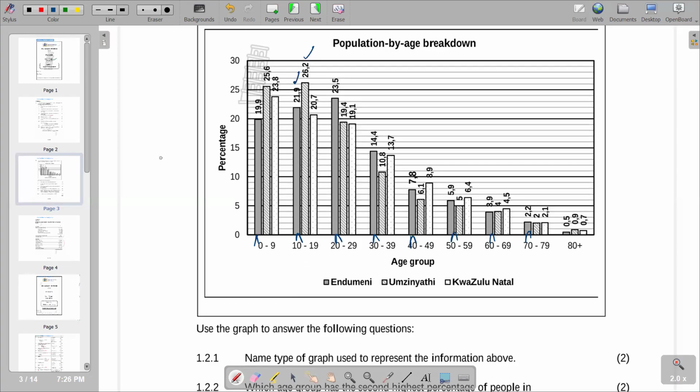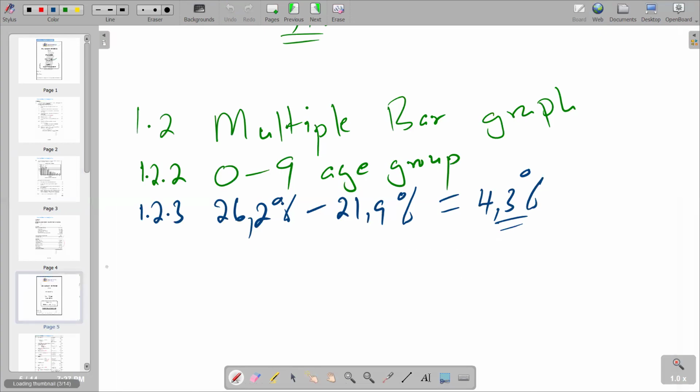So on the first one, which one is the highest? You see that the tallest that we have is this one for 23.5. So the one that we are going to pick first is 23.5. So we are going to start with 23.5.